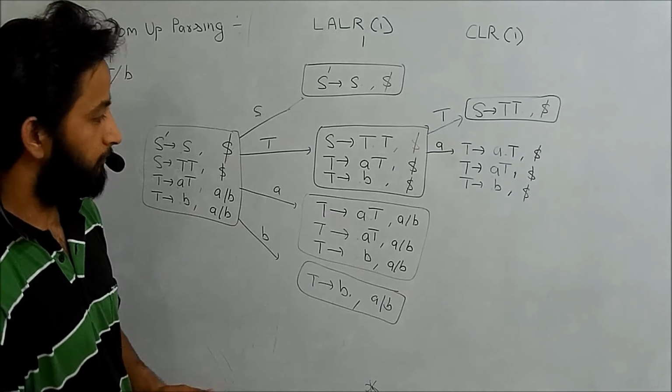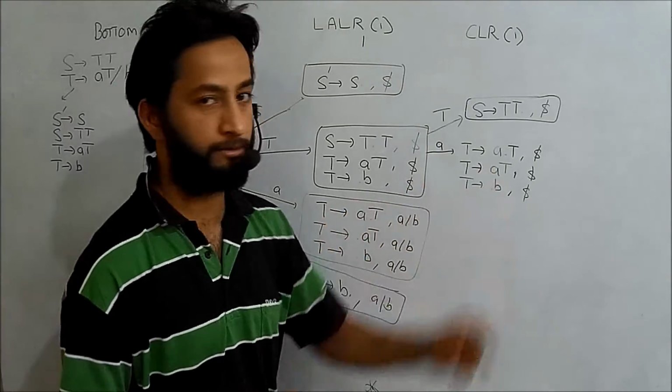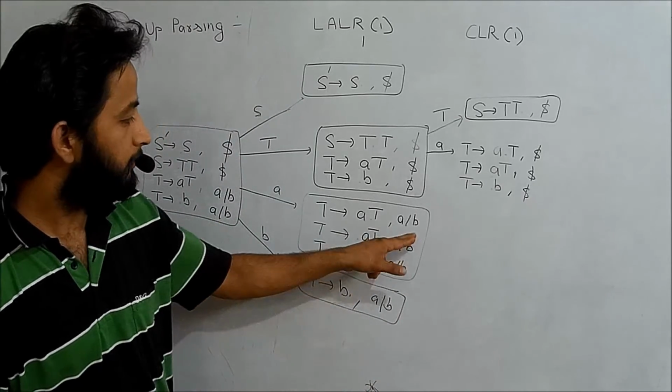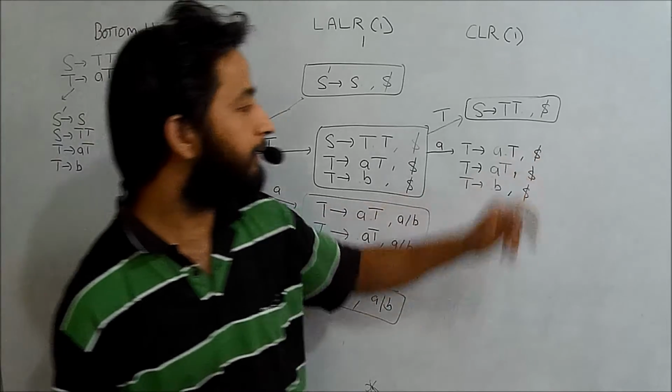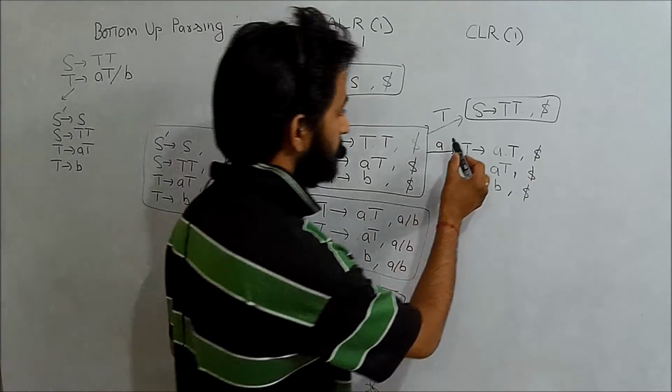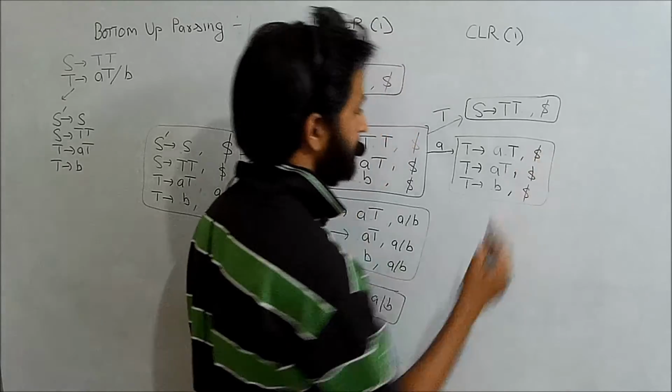Okay, so one thing that I want to tell is that this part and this part are same, only the difference is in the look ahead. Here the look ahead is A, B, and here it is dollar. Okay, that's why I write it differently.